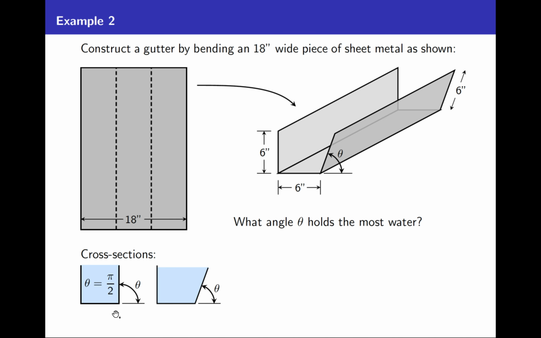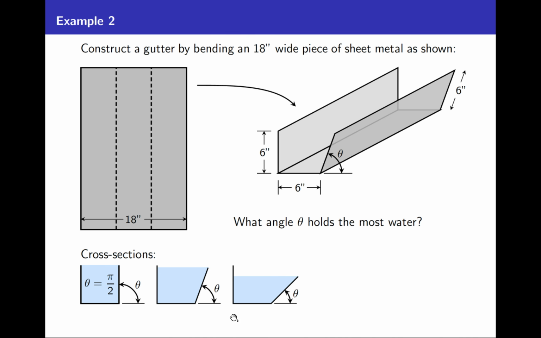But you could make theta smaller, like this, and that would give you kind of an overhang on the right, an angle, and it looks like you might be picking up some extra volume for the water in so doing.